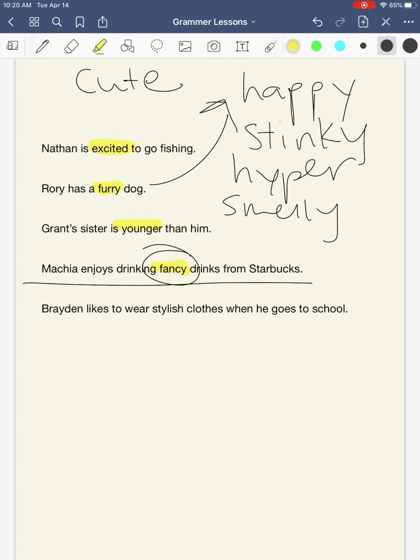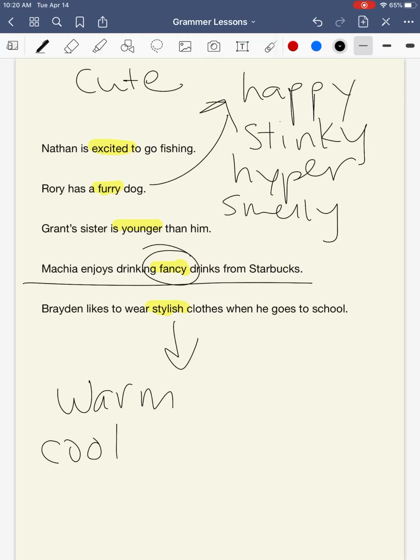Anything that describes Brayden, anything that describes clothes or school. If you said the answer is stylish, you are correct. He likes to wear stylish clothes to school. Any other examples that you can think of for clothing? Warm, cool, comfortable.